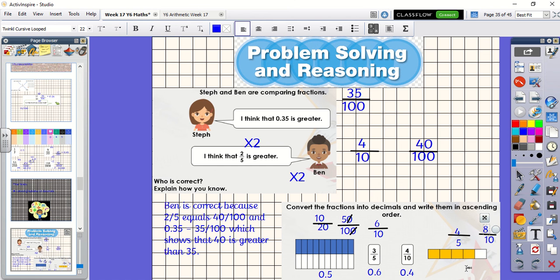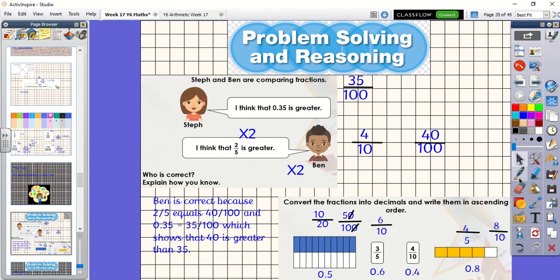I know now that 8/10 is 0.8. So I now need to write them in ascending order. So starting from the smallest, we have 0.4, then we have 0.5, then 0.6, and then our biggest decimal is 0.8.